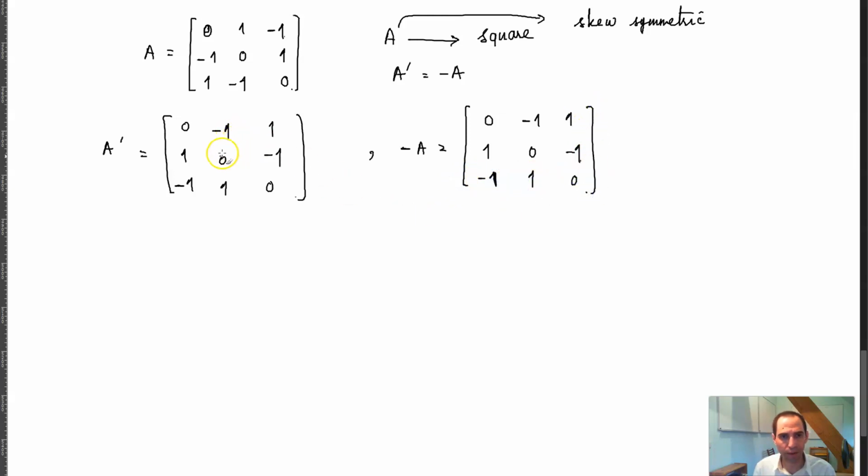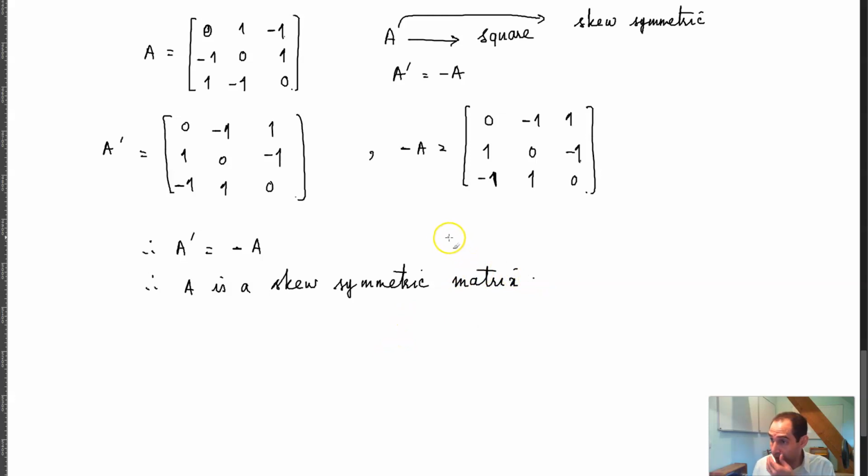And you can see that A prime is equal to negative A, and therefore A is a skew symmetric matrix. So that was question number 7.